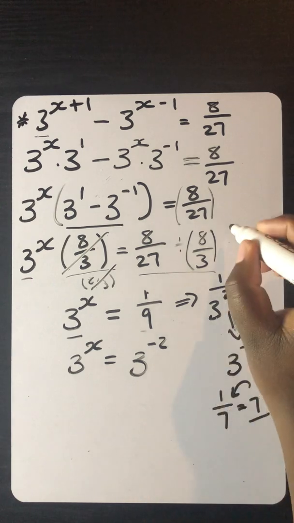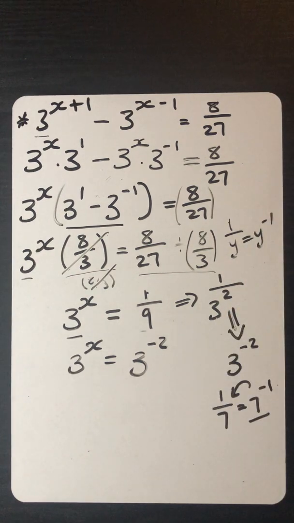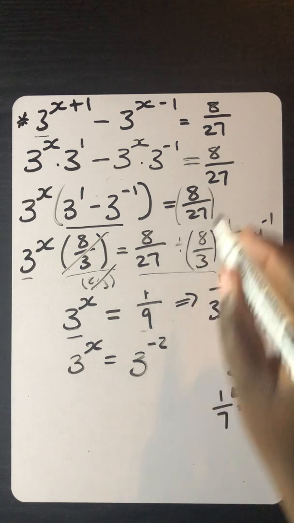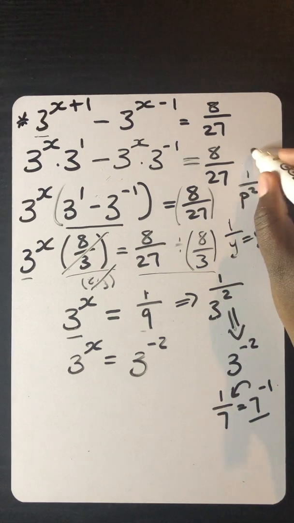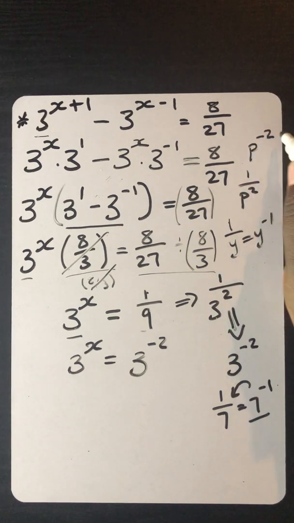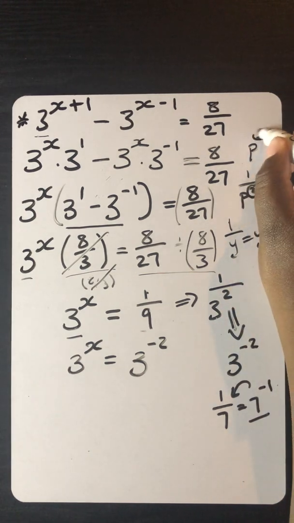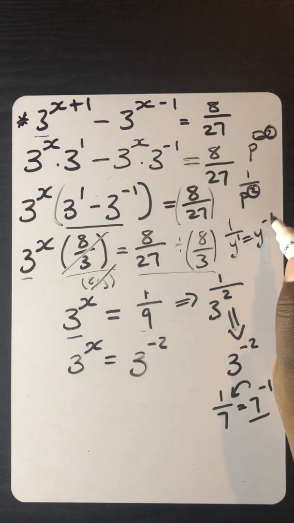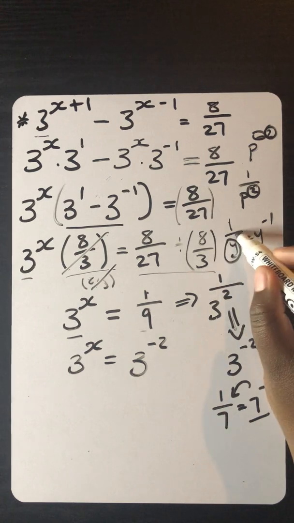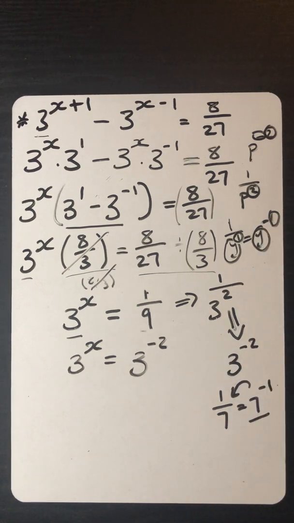Even if you say 1 over y, this is the same as y to the exponent negative 1. If you have 1 over p squared, this is the same as p to the exponent negative 2. Obviously the power is 2, that's why you've got negative that same power. So there, the power is 1, so you've got that base to that exponent, but a negative exponent.